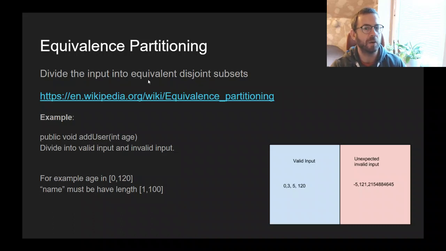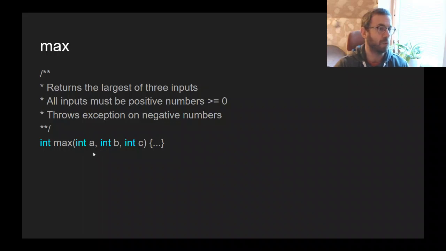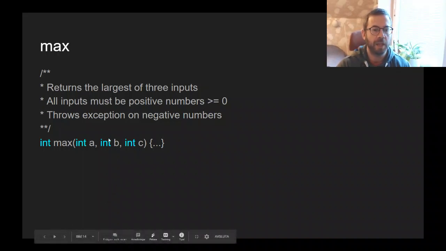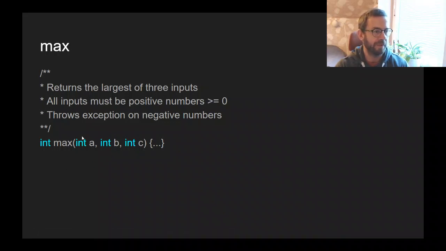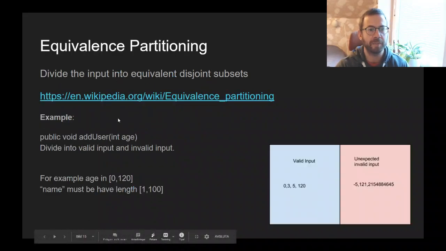Equivalent means that for all the different inputs in this subset, they work the same. So if A is highest and B and C are not negative, then A should be returned. That's sort of the same. So that could be one disjoint set of equivalent inputs. Then we have another disjoint set where B is highest and another where C is highest. So if I used equivalence partitioning, I would have 3 different test cases for that.